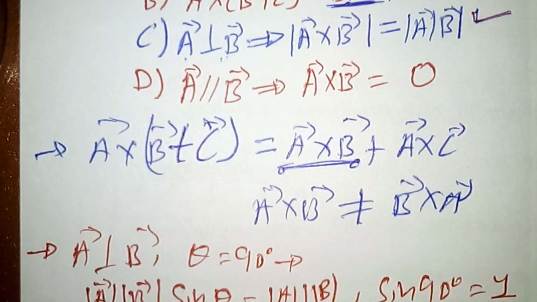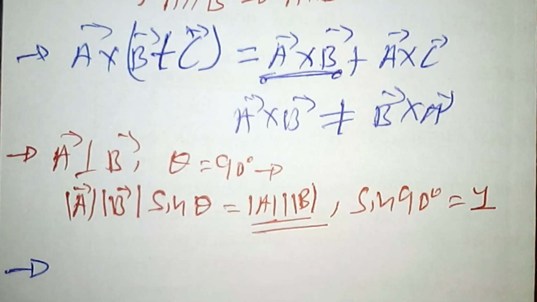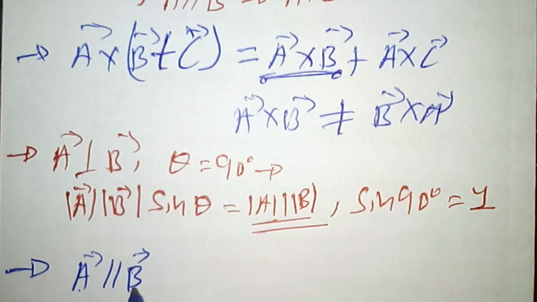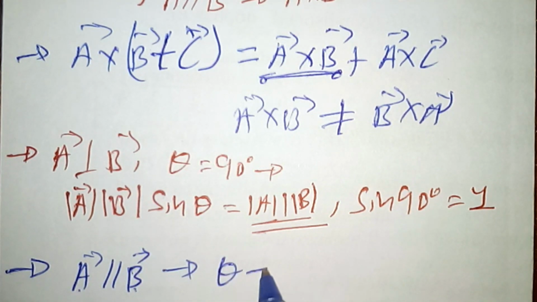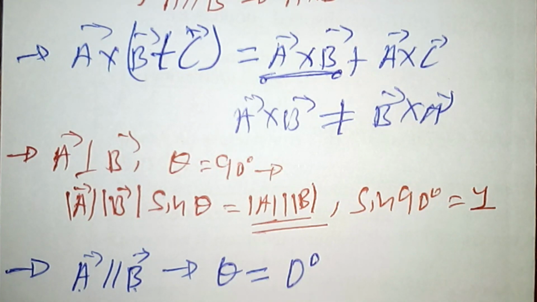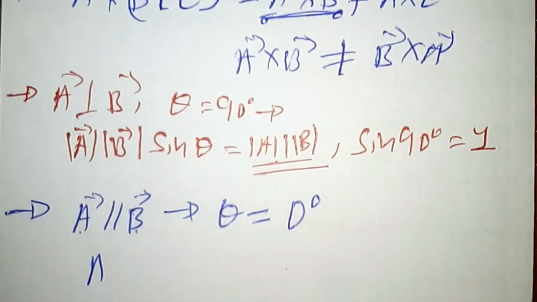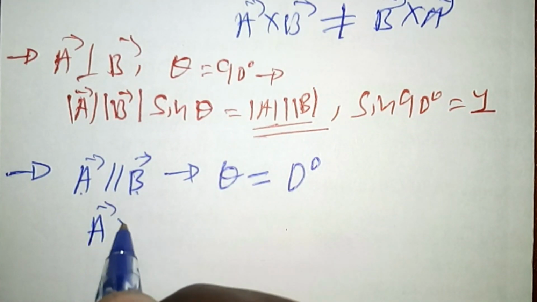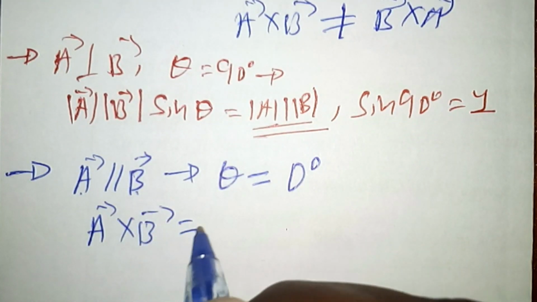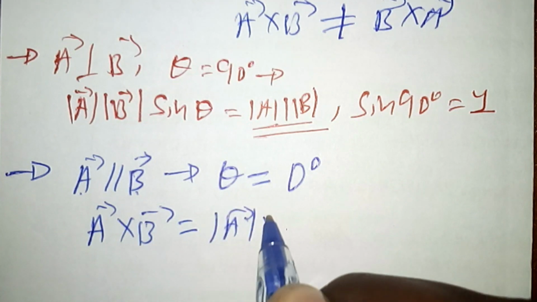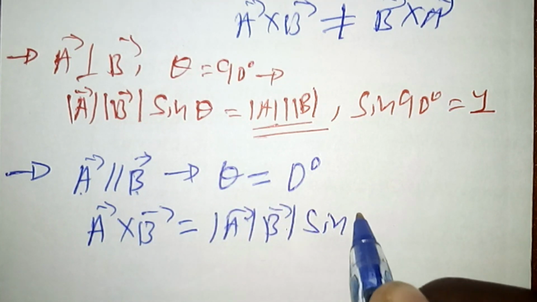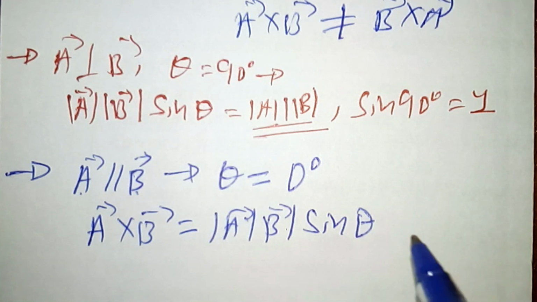But when we come to alternative D, if two vectors A and B are parallel to each other, the smaller angle between them is 0 degrees. That means the cross product A cross B is given as the magnitude of A times the magnitude of B times the sine of theta between them.